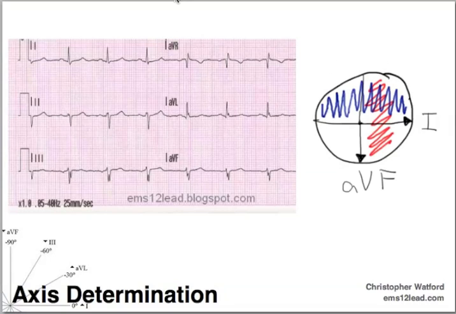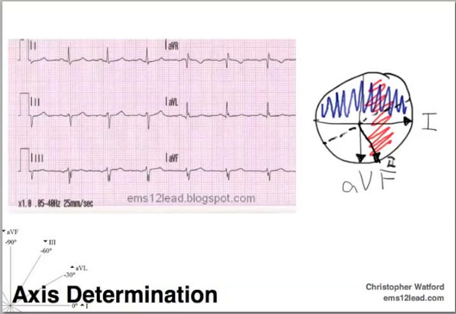And this is where we need to look at another lead. In this instance, the best lead to look at is 2. If we recall, 2 comes this way, right? Lead 2. So that means that negative 30, right? We split lead 2 into 2 regions, positive and negative.